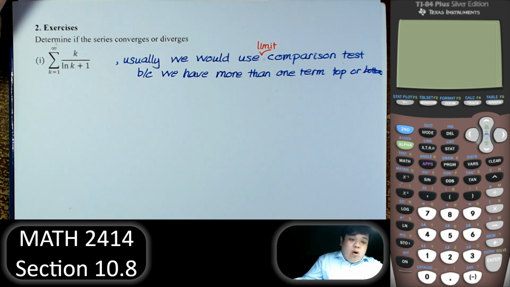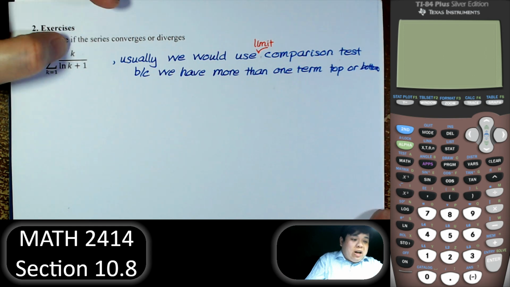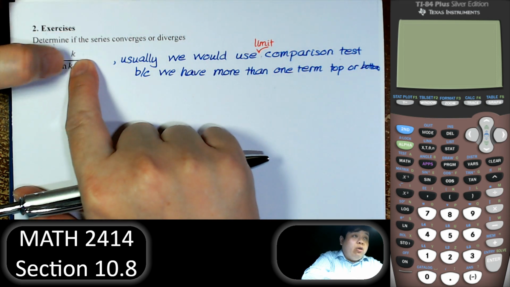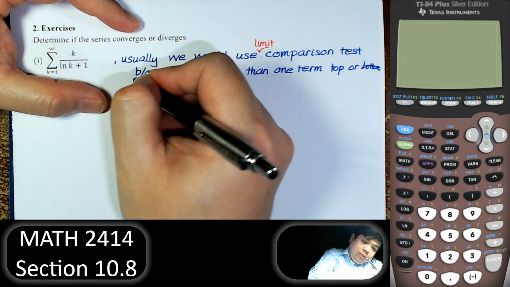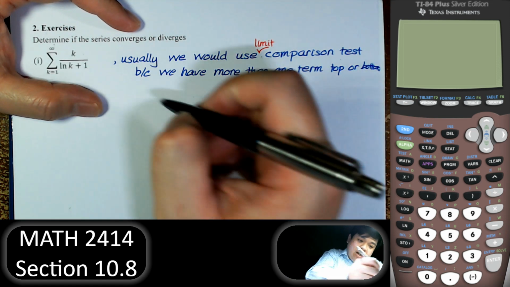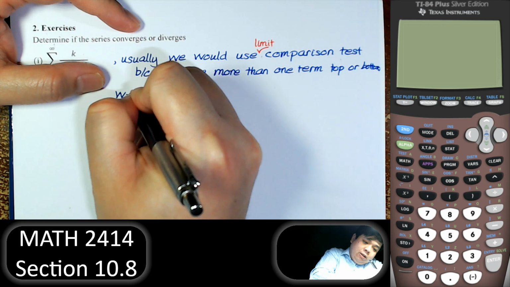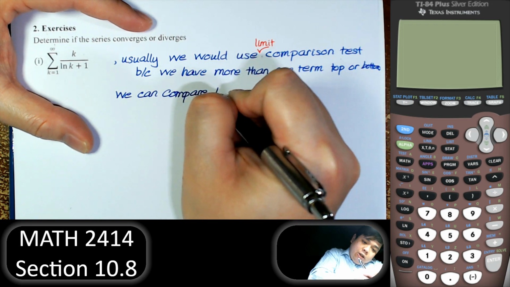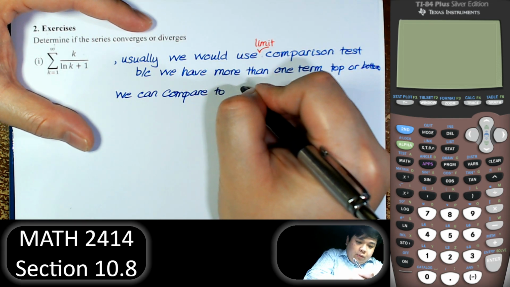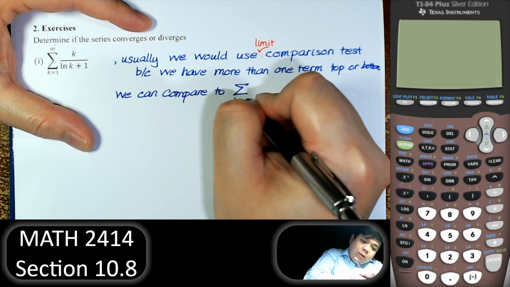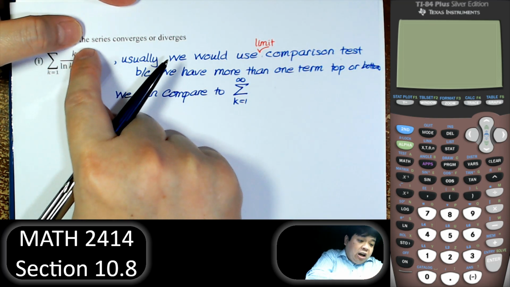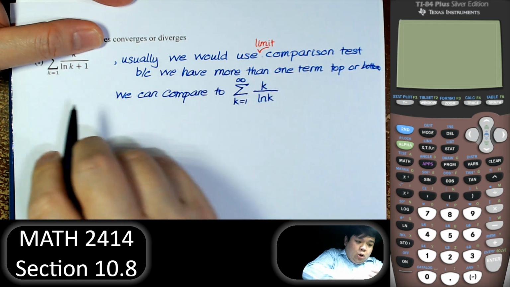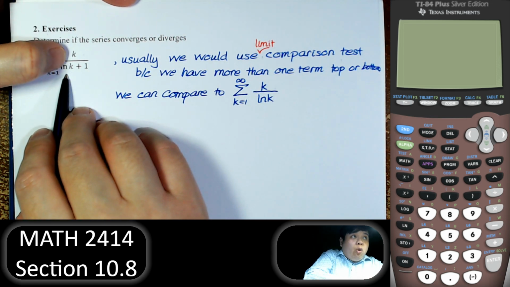Before all that, we always have to check to see what happens at the limit. So certainly we can do that. And so we will compare to k over ln of k. So when we write it like that, we can compare to the series where we take the higher term, just ln of k. So when there is more than one term, the term that goes faster to infinity we will keep.